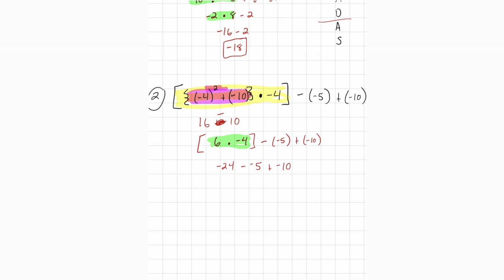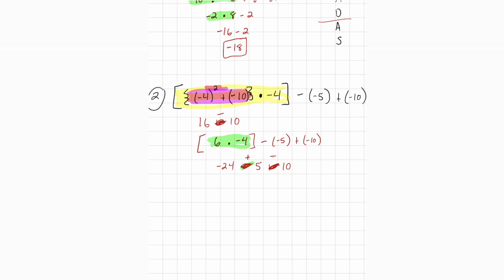All right. Here's something new that we haven't talked about today, but we might remember. We have two negatives next to each other. Remember the rule: two negatives end up making a positive. That simplifies that. We have plus and minus. When we have plus and minus together, we end up with just a minus sign.